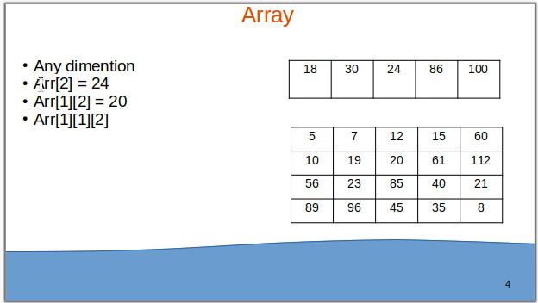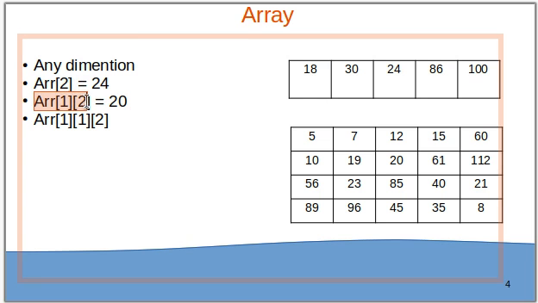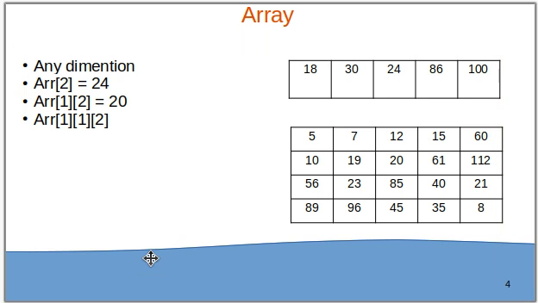So here array[2], this means this is a single dimensional array. So 2 means 0, 1, 2, this index. So this will retrieve 24. This means this is a two-dimensional array, and 1 means 0, 1, second row, and 2 means third column.